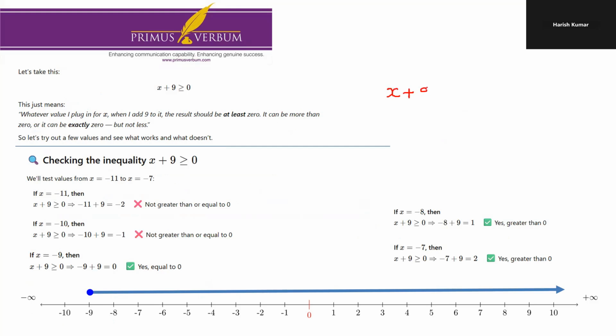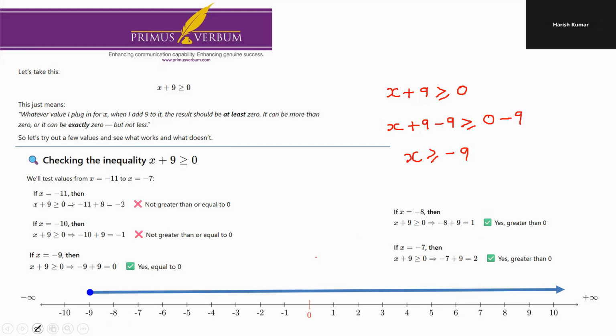We have x plus 9 greater than or equal to 0. We will subtract 9 from the left-hand side to isolate x, in which case we also have to subtract 9 from the right-hand side. So we get x greater than or equal to minus 9. And that's exactly what is plotted on the number line.